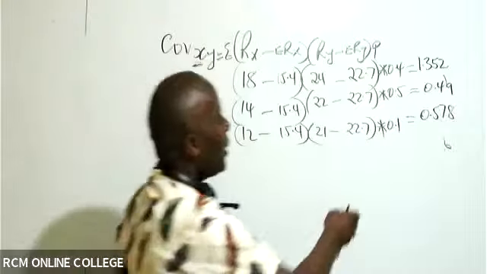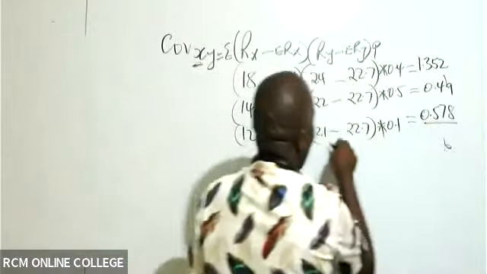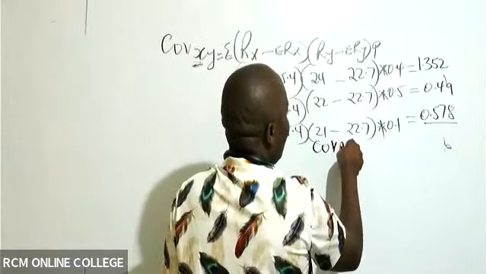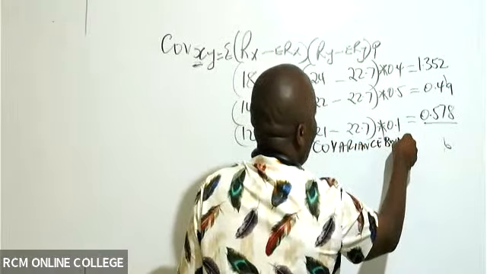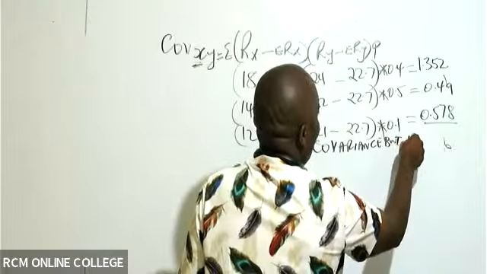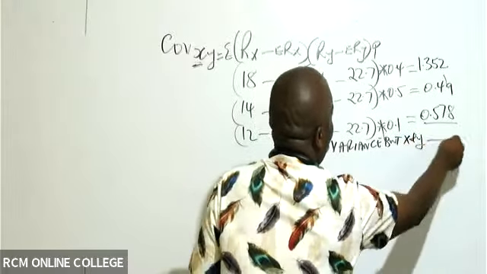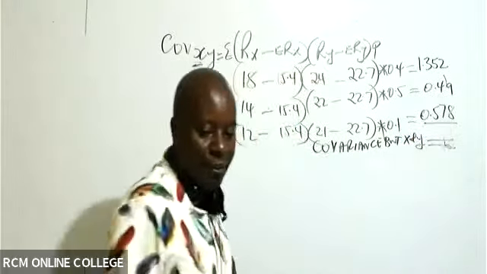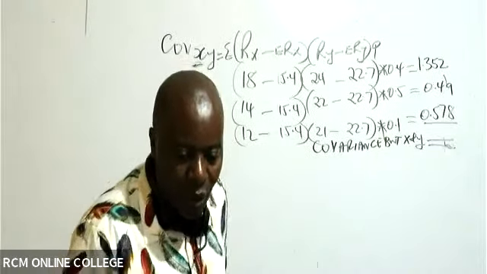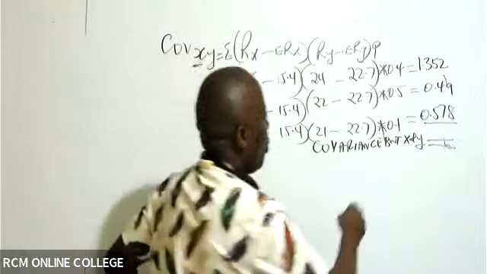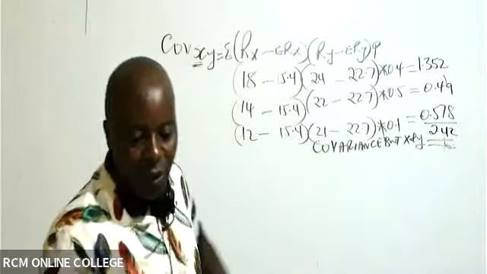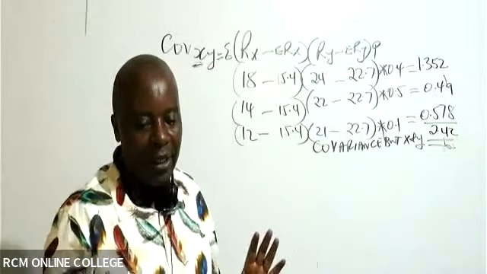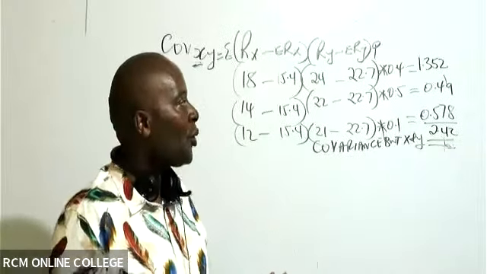So you sum here, and that gives me the covariance between x and y. According to Audrey, we are getting 2.42. Pauline has confirmed. Thank you so much.